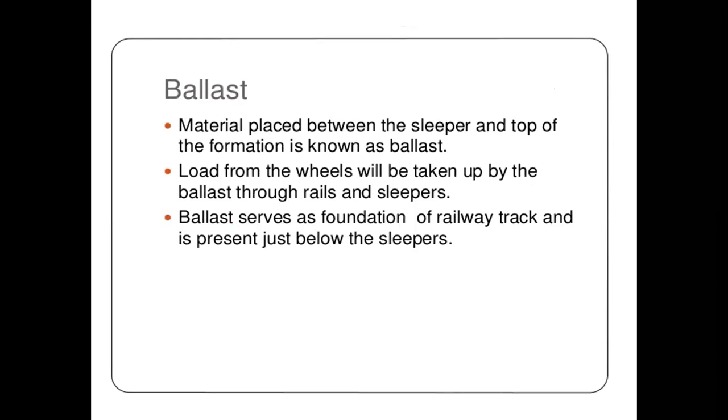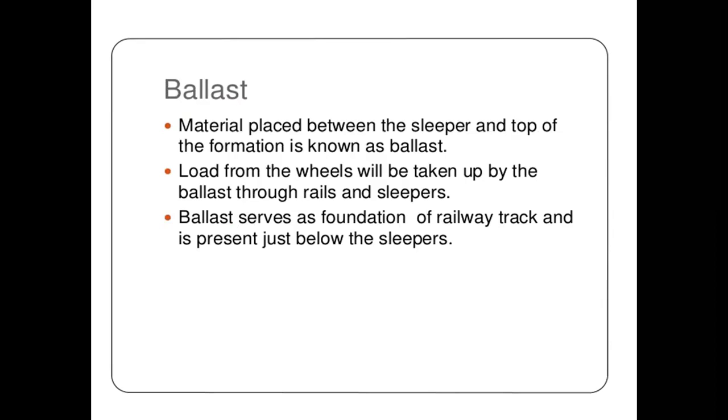Next, ballast. What is ballast? The material placed between the sleeper and the top of the formation is known as ballast. There are many types of ballast we can observe. The major part of the Indian railways nowadays uses ballast of the type aggregates.